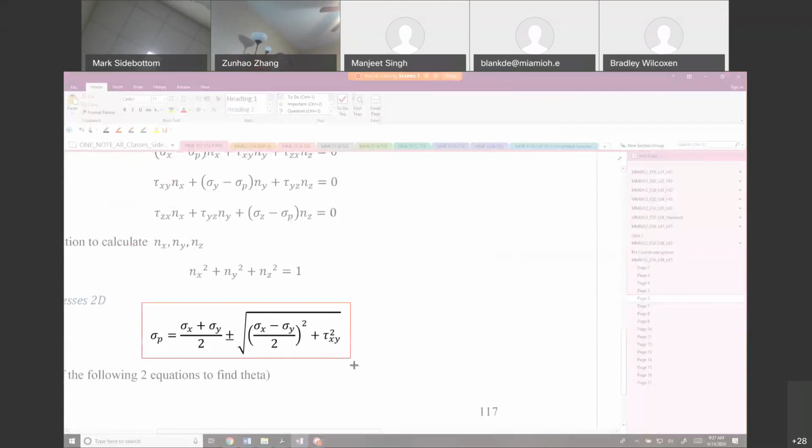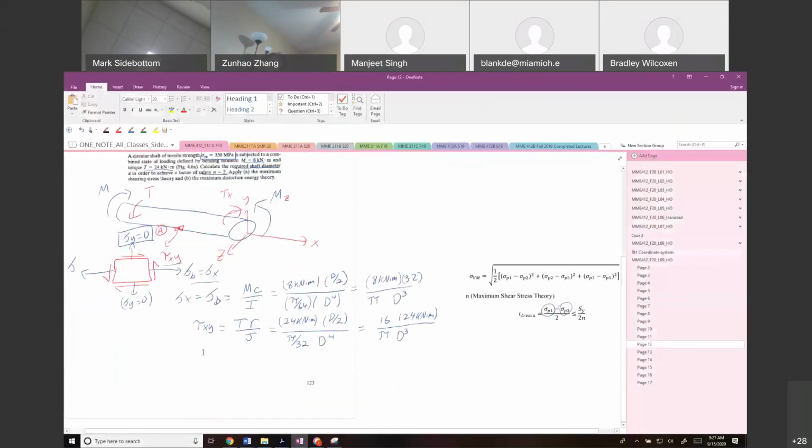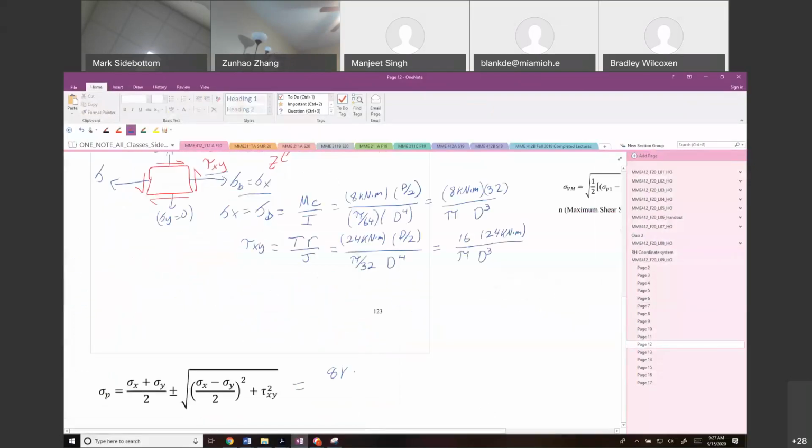If we do that, we end up getting sigma x is equal to our 8 kilonewton meters times 32 over pi times the diameter cubed, and sigma y is 0.